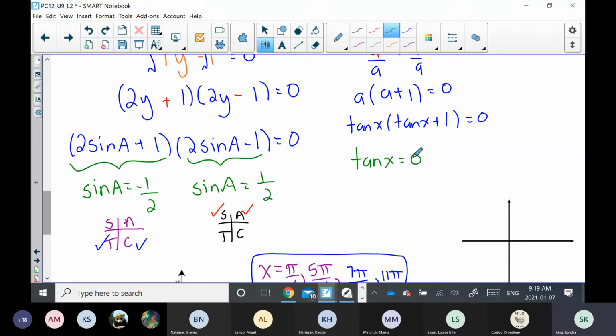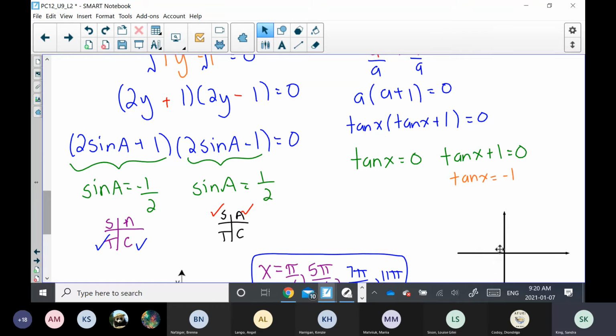So that factor is equal to 0 and this factor. Sorry, that second one would be tan of x plus 1. Okay, so this one is solved. We're going to find, well, where's tan 0? And this one, we're going to solve this guy, isolate the tan, -1.